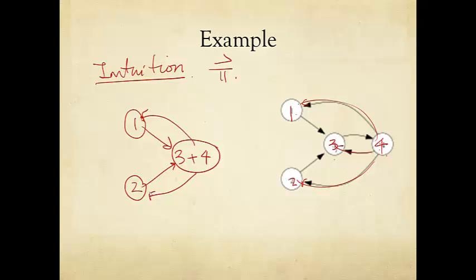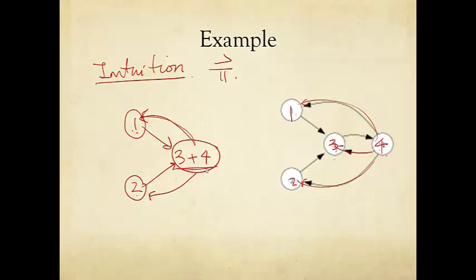So now, intuitively, you look at this supernode, you say, this supernode has 2 links pointing inwards, but each of these nodes 1 and 2 only has 1 link pointing inward. So intuitively, you think that nodes 1 and 2 should each have a smaller importance score than the supernode 3 plus 4. And furthermore, by symmetry of this graph, nodes 1 and 2 should have the same importance score.